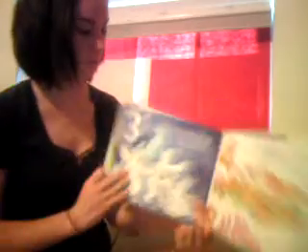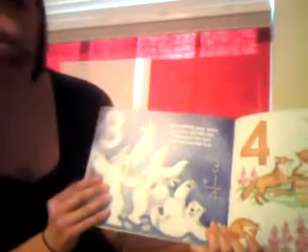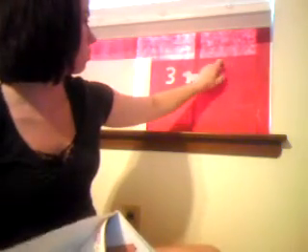For this one, just so that you can see, I'm going to switch the color of the board. 3 white polar bears rock and roll and roar. 1, 2, 3.